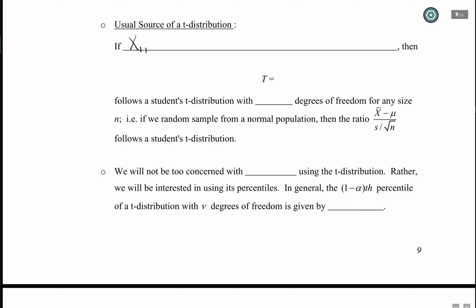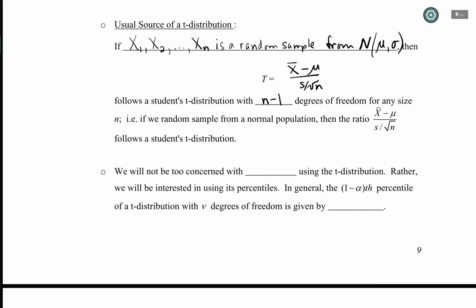If x1, x2, all the way up to xn is a random sample from a normal distribution, in this case where the mean is mu and the standard deviation is sigma, then the quantity t, which is defined to be x bar minus mu over s over root n, follows a student's t distribution with n minus 1 degrees of freedom for any sample size n.